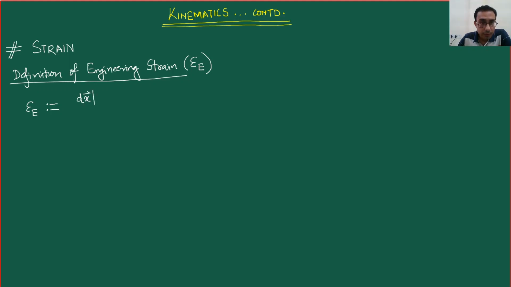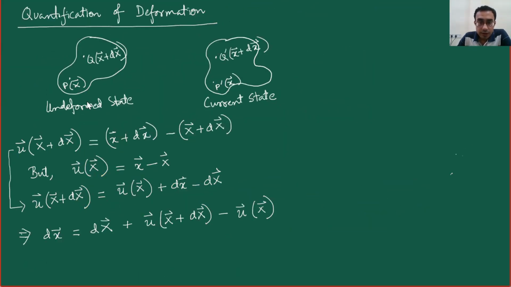So the absolute value of the d small x vector depicts the final length of the length segment under consideration, which, if you go back to our previous diagrams, is nothing but this line segment p dash q dash, and the d capital X vector is nothing but this pq.